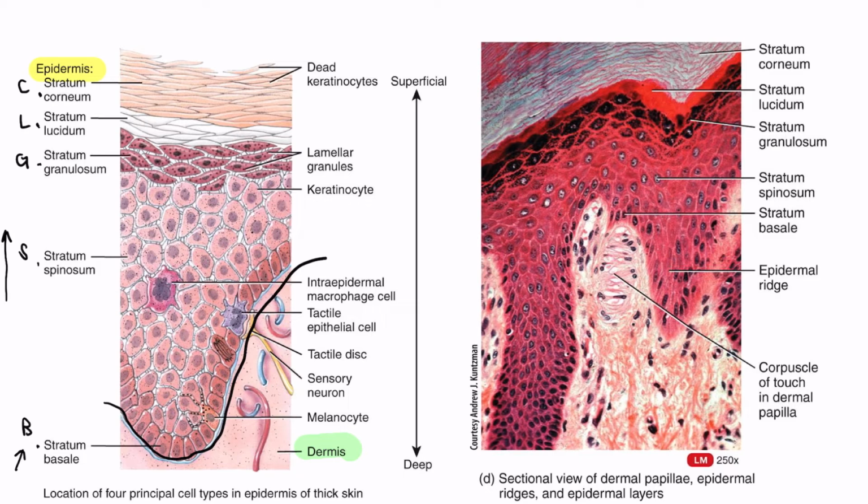So as I mentioned earlier, stratum basale is where mitosis is occurring. This is where our epithelial cells divide. And maybe you can tell here, this looks interesting. We know that this is stratified squamous epithelium, yet down here, these look cuboidal. And that's something that you're going to see for any stratified epithelium.